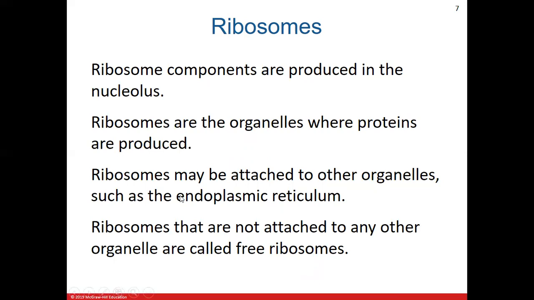For example, there's another organelle we'll talk about called the endoplasmic reticulum. So sometimes you'll find ribosomes attached directly to this membrane system called the endoplasmic reticulum, or you can find them free, free floating in the cytoplasm. And so they're not attached, but they're basically there to produce proteins.